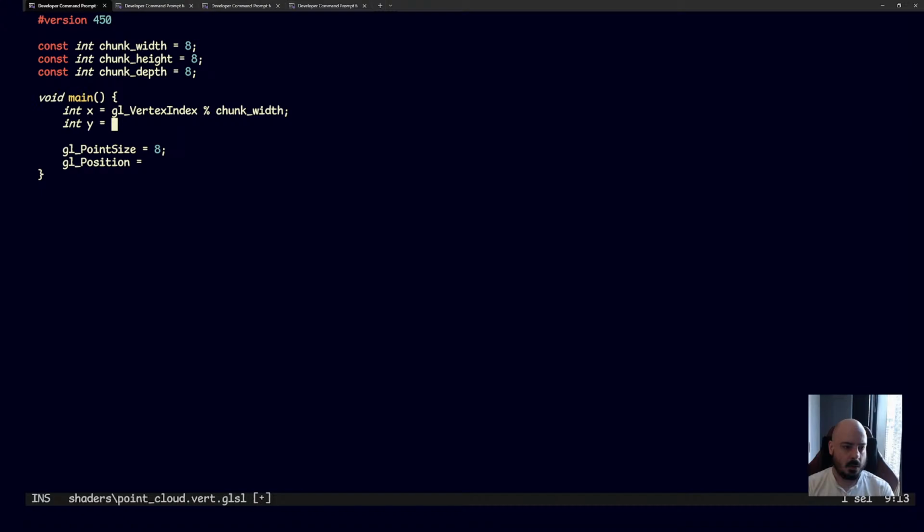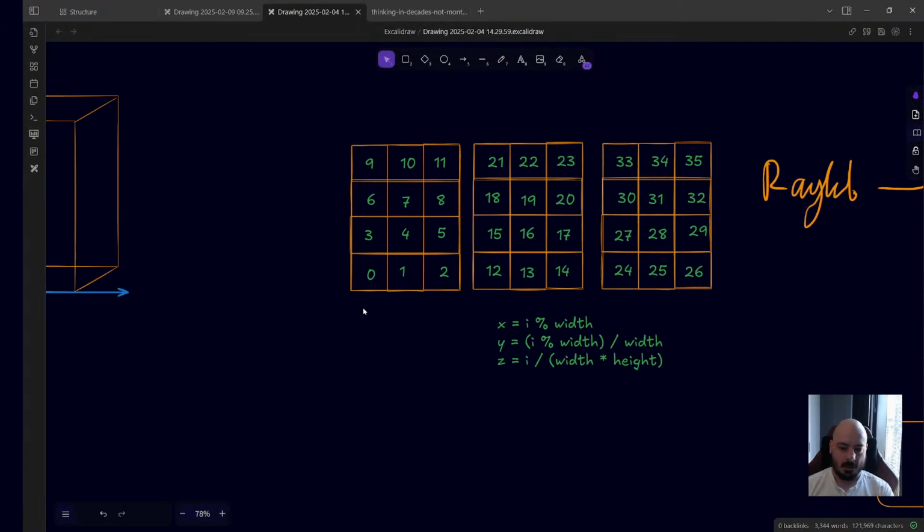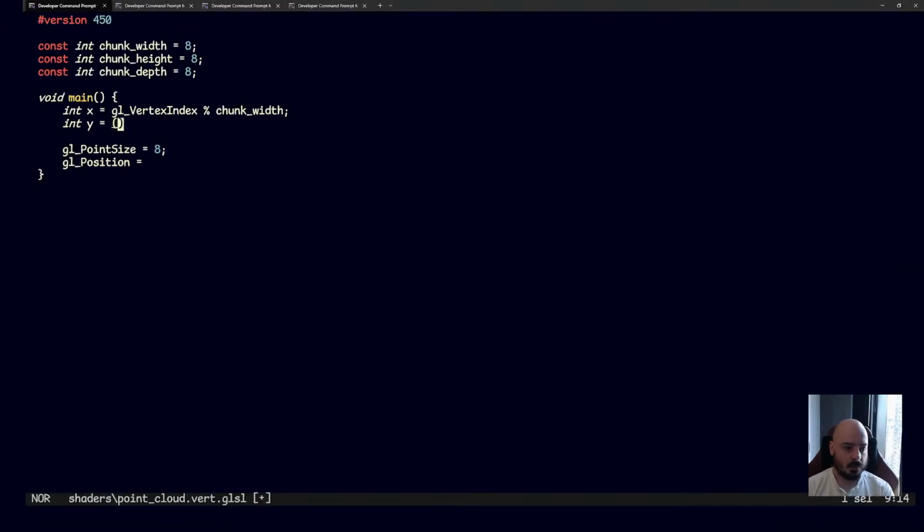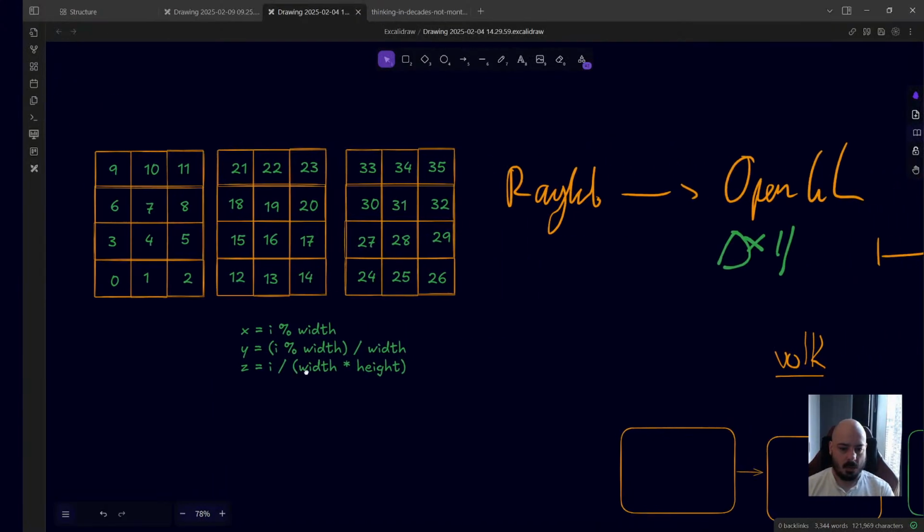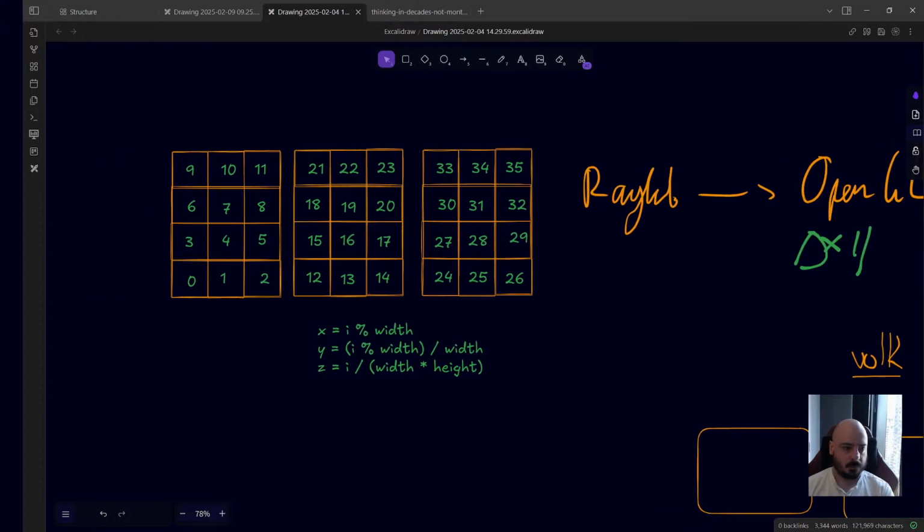So Y was, oh damn, I wrote it down in here, right? Yeah, nice. Vertex index mod width divided by width. Okay, and then Z was vertex index mod, no, divided by width times height, is that right?